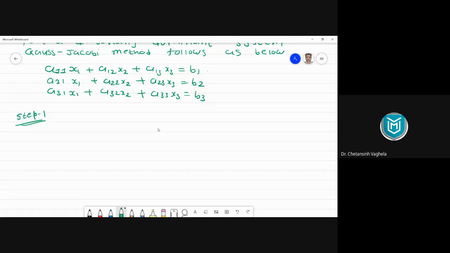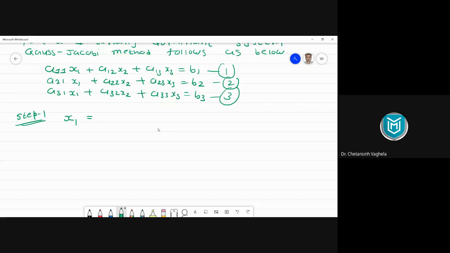From first equation, let's say this is equation 1, this is equation 2, equation 3. From first equation, you need to make first variable as subject of the equation. That means from the first equation, I need to make x1 as the subject. So I need to write x1 is equal to, now what are the other terms except x1? A12 x2 and A13 x3.